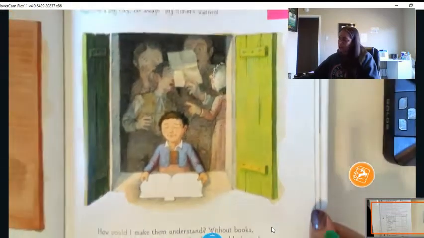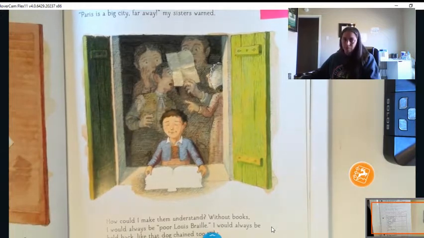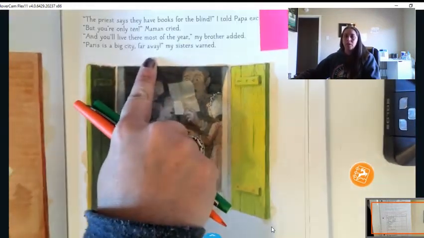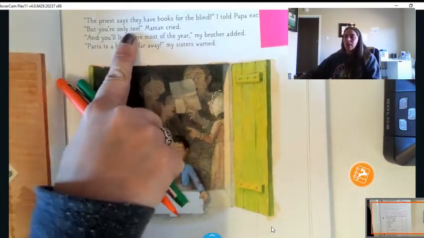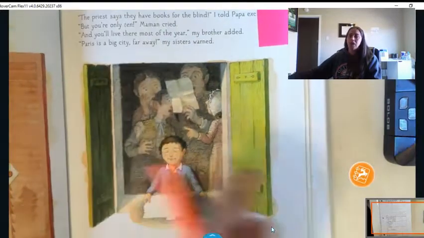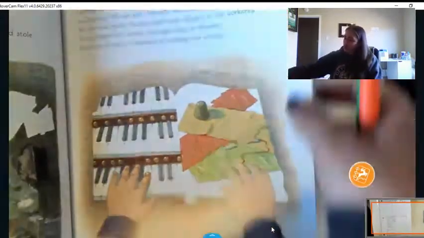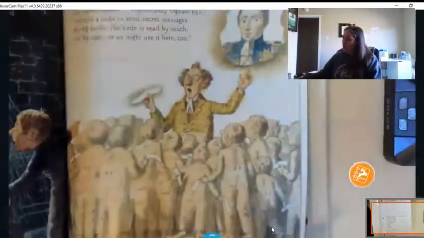Right here, it talks about how Louis decided to go to a school for the blind in Paris when he was only 10. So that's another character trait. He was a young boy. And while he was there, he learned how to play, how to sew, how to do all kinds of things.